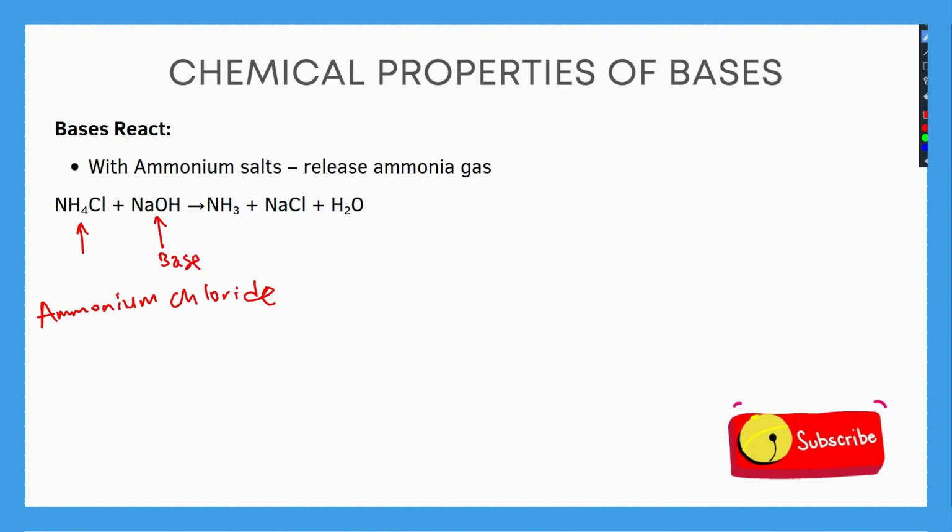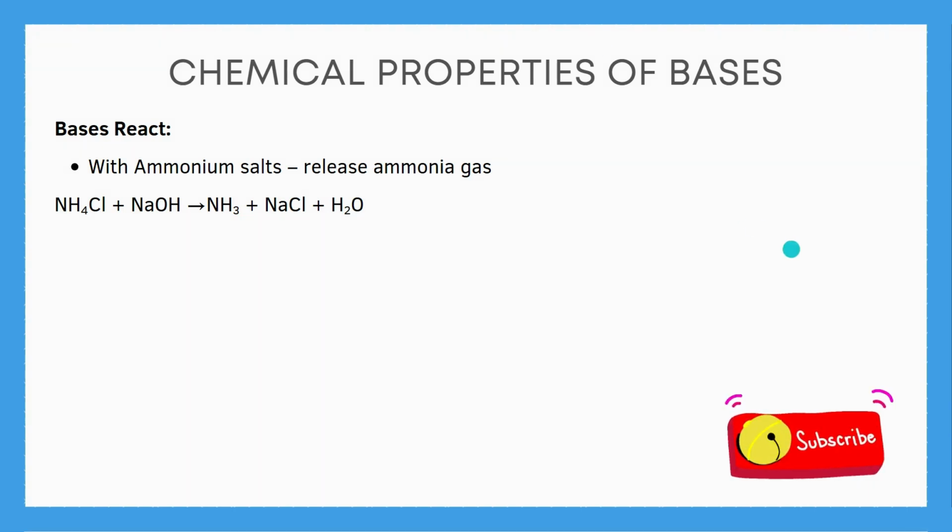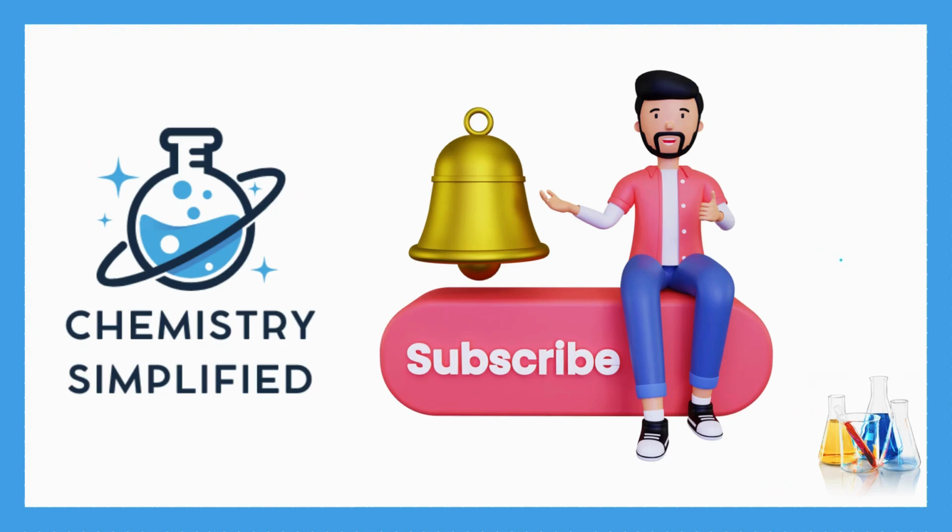When a base reacts with an ammonium salt, what happens is that it releases ammonia gas, NH3. Alright, so that's one chemical property of a base. It reacts with ammonium salts to release ammonia gas.